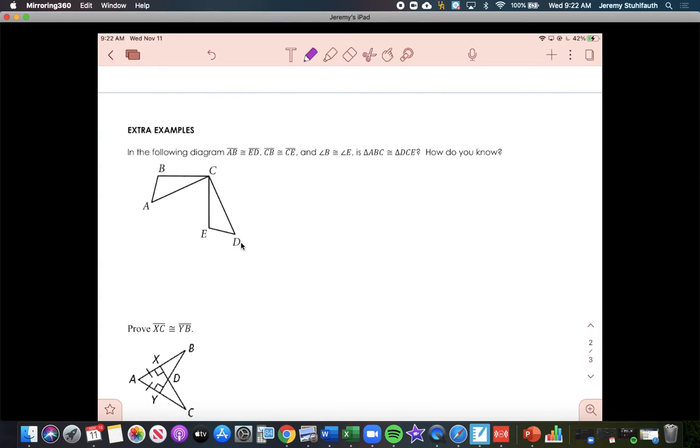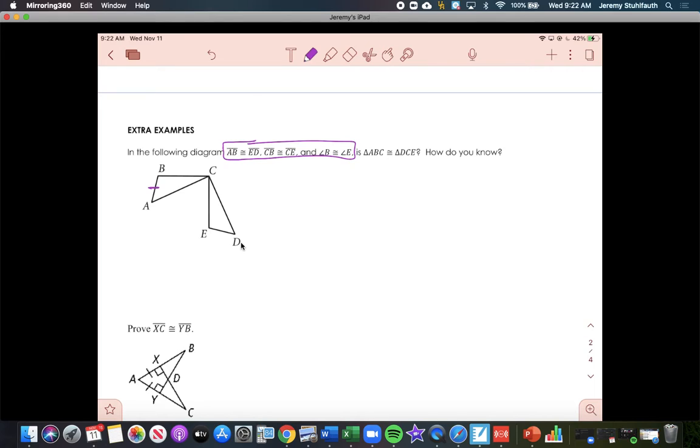So let's take a look at this first problem. It says in the following diagram, AB is congruent to ED, CB is congruent to CE, and angle B is congruent to angle E. Is triangle ABC congruent to DCE? How do you know? Okay, so first off, remember, to make these problems easier, you want to mark everything that you know.